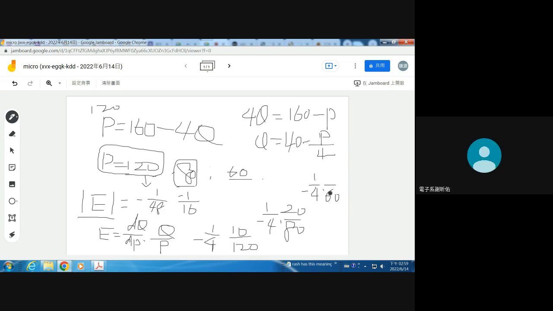Teacher, isn't elasticity dQ/dP multiplied by P over Q? Hold on, can you say that again? Elasticity is dQ over dP, and then times P over Q, right? Oh, sorry. Yes. Sorry, I made a mistake.